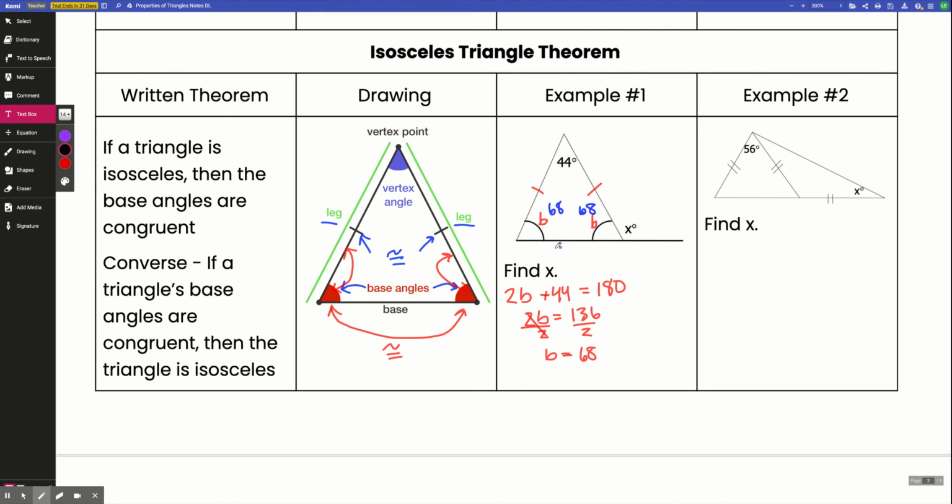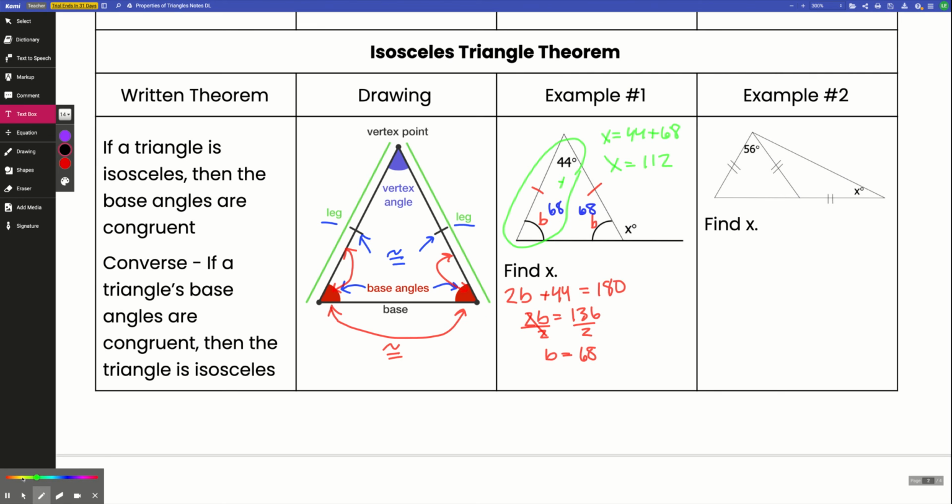So that would be using the exterior angle theorem, right? So I could do it that way, which I'll kind of mark in green for you here, and say x equals 44 plus 68, okay? So x is equal to 112, okay?